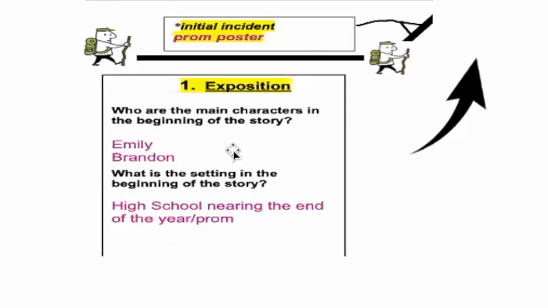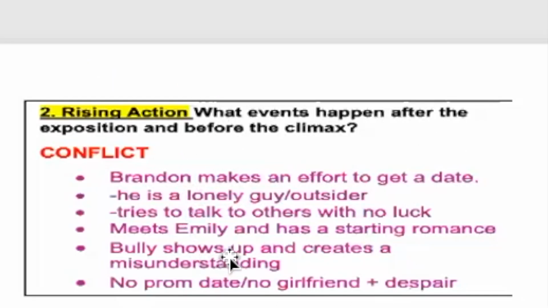Emily and Brandon. Initial incident, the prom poster. Rising action events: Brandon makes an effort to get a date. He's a lonely guy. He tries to talk with others, but no luck. He meets Emily and has a starting romance. Then the bully shows up, and he has no prom date, and he's in despair.